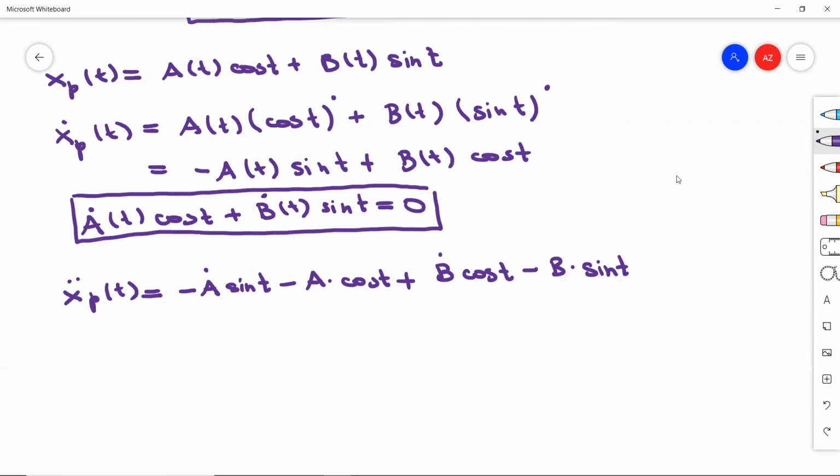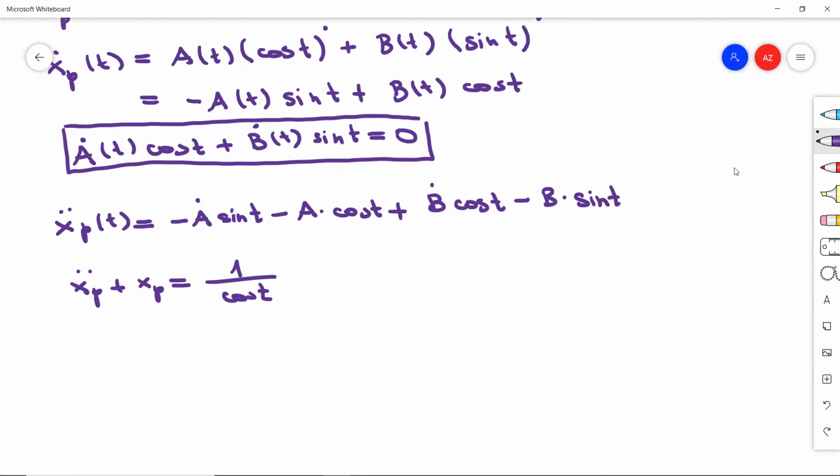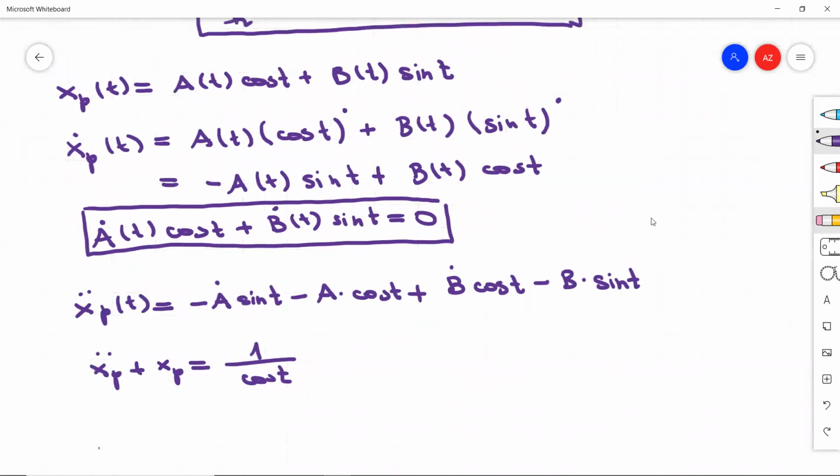Okay, and now we plug everything into the dE. So xp double prime plus xp should be equal to 1 over cosine of t. So we have minus a prime sine t. But before doing this, let's notice that from this condition, we can get rid of a prime or b prime.